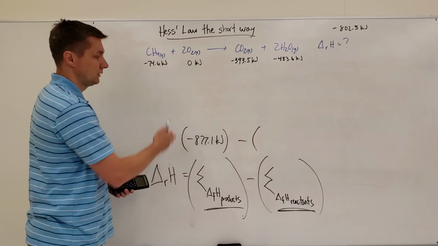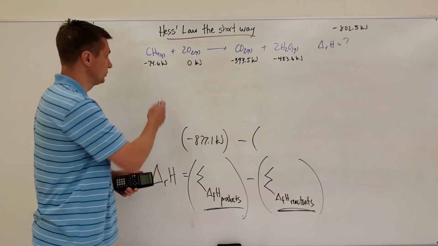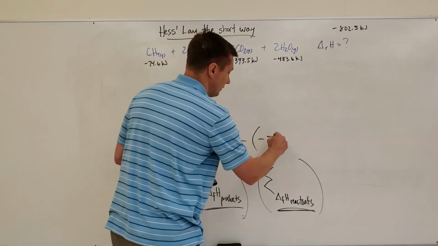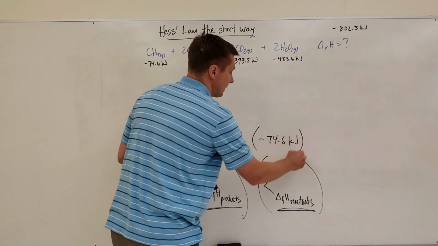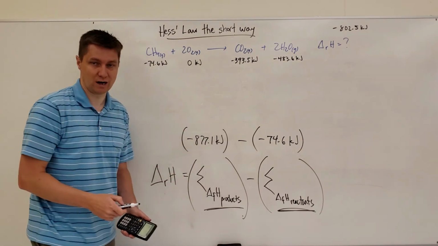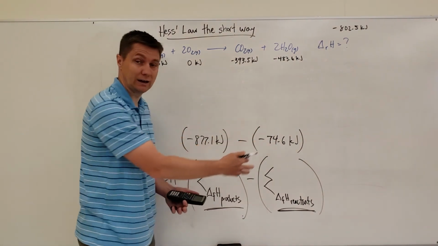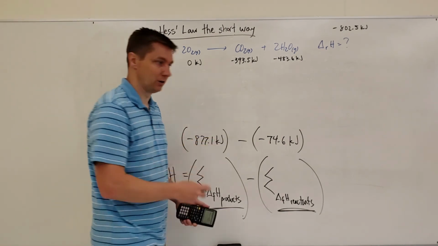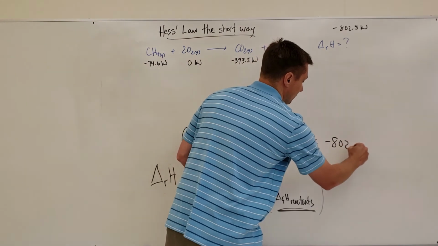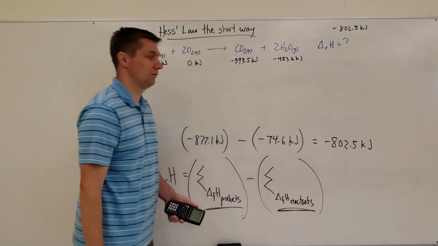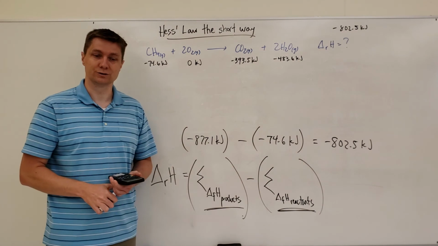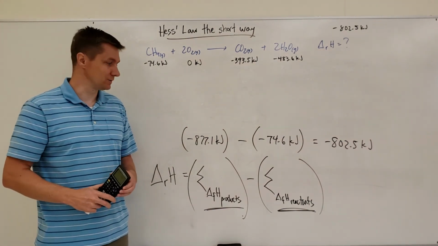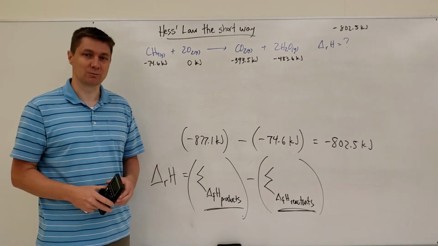Then I take the sum of the heats of formation of the reactants, which is just negative 74.6 kilojoules plus 0, so negative 74.6. Again, you can see why we need to do the subtraction last, because now we have to subtract a negative. If you plug it all in, you should get negative 802.5 kilojoules. And that's how you do Hess's Law the short way, guys. Hopefully this was helpful. Good luck as you attempt some of the practice questions.